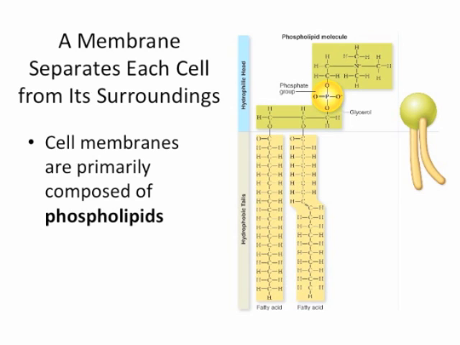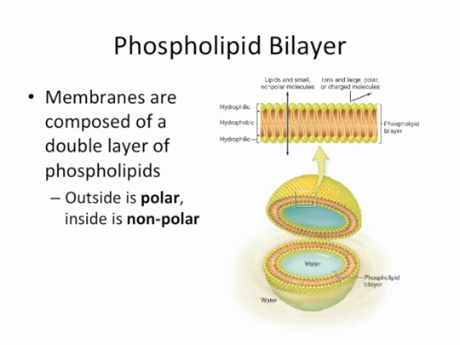So cell membranes are composed of phospholipids, and in the membrane, the phospholipid is arranged into a bilayer. So you'll have these phospholipids arranged like this, with the heads pointing up and down, and in the center you'll have the tails.